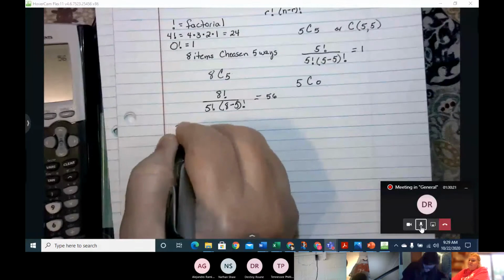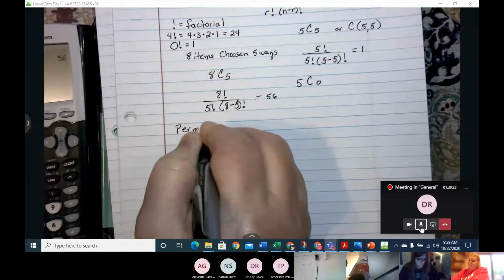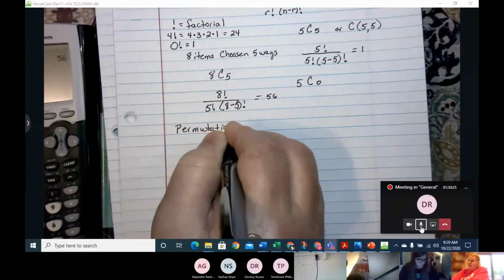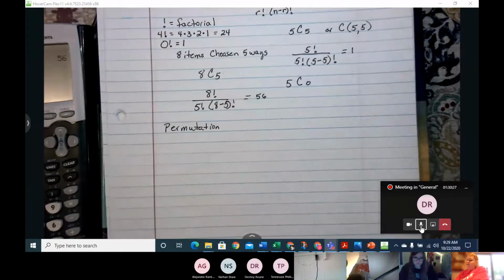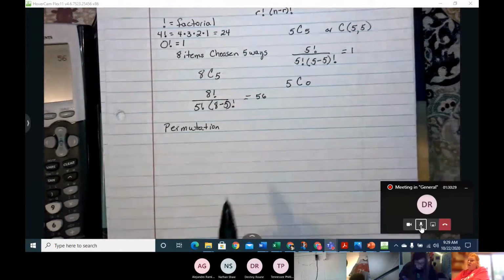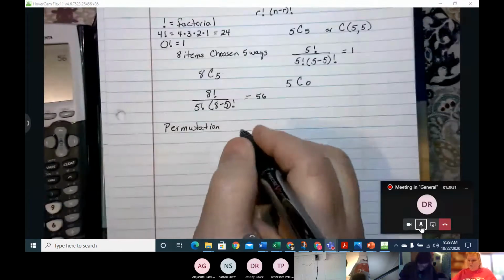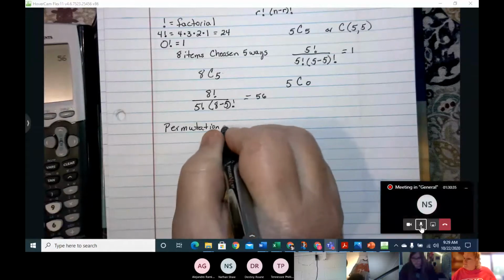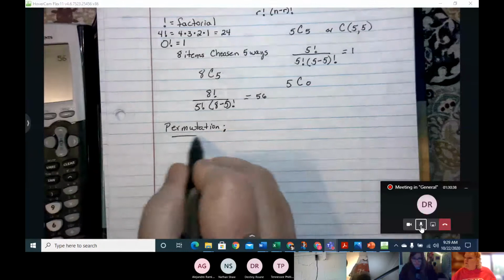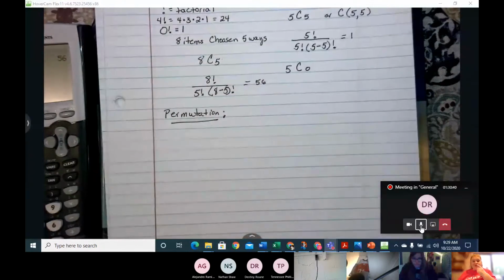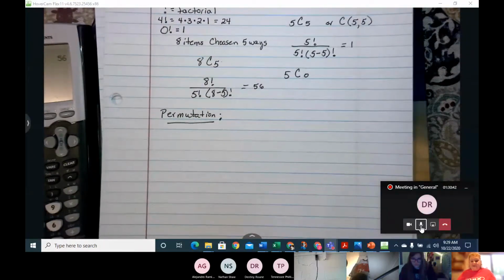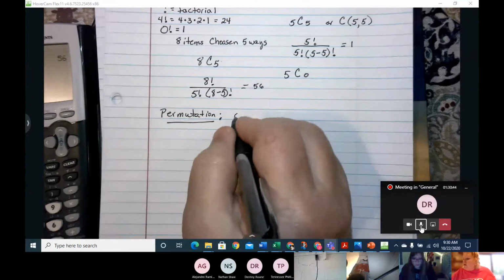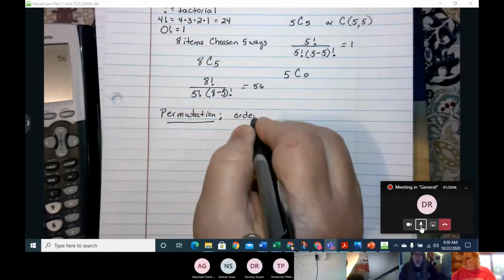Okay, permutation. I'll have to come back to that problem. I don't know why I'm drawing a blank on why it's not working the way I originally worked it. The permutation means that you're finding the number of outcomes, but the order matters.